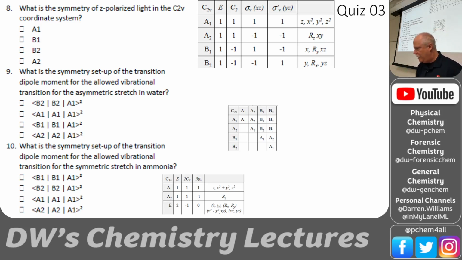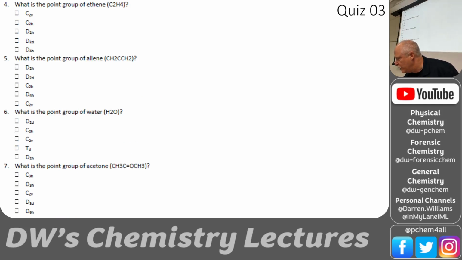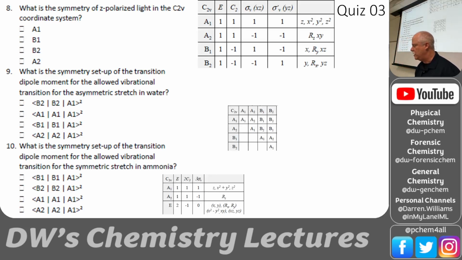Then it says for the asymmetric stretch in water. Now this was from the notes showing you the asymmetric and symmetric stretches of water. The asymmetric stretch in water goes along the y-axis, so that would be B2, and the ground state is A1.